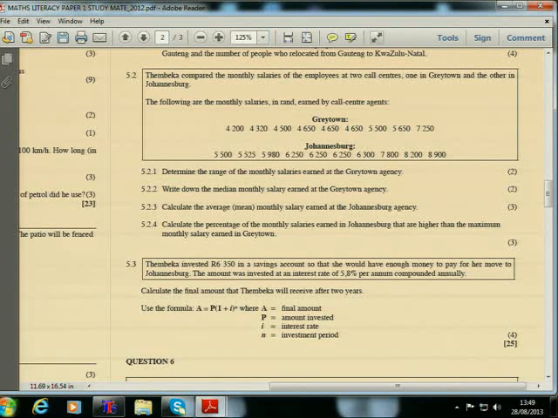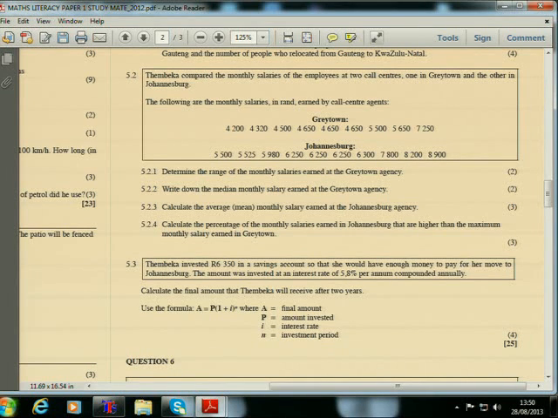Looking at the salaries at Greyton, you can see that the biggest salary is 7,250 rands. So like I said, the range is the difference between that bigger number and the smaller number. So the bigger number is 7,250 and your smaller number there is 4,200 rands.